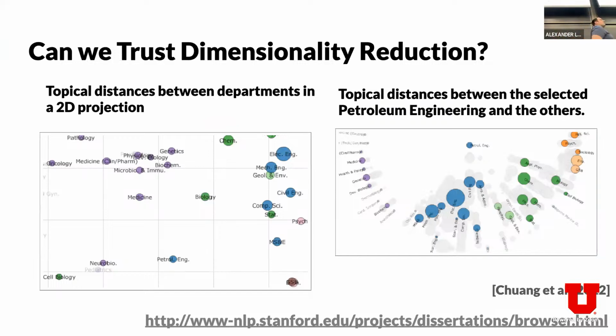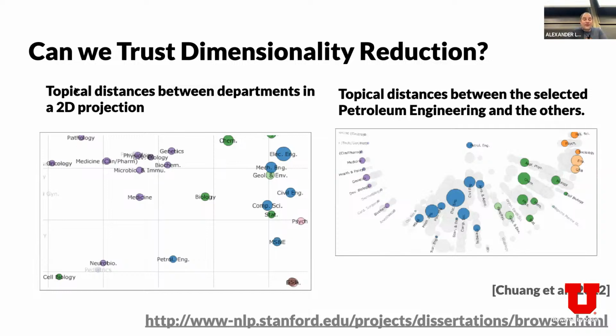One big issue with all of these dimensionality reduction techniques is that they may introduce artifacts. You can never completely trust just a 2D projection of a data set, because you always have some information loss, and sometimes the actual distances you see between certain points don't make sense. Here's a good example of this.